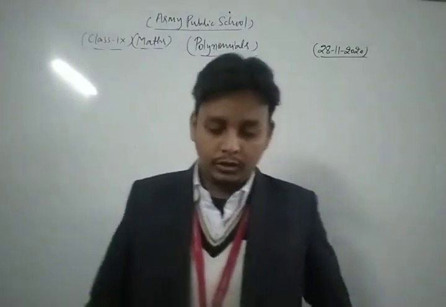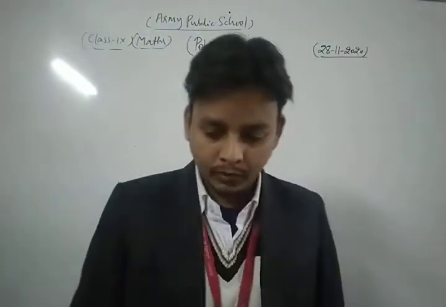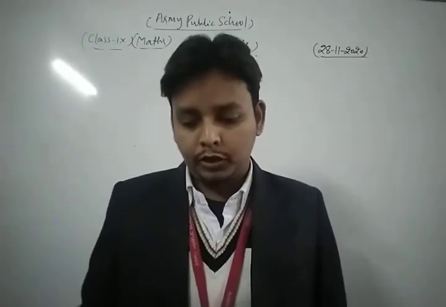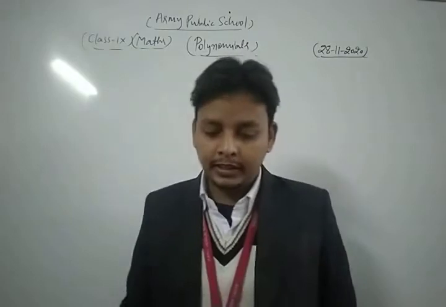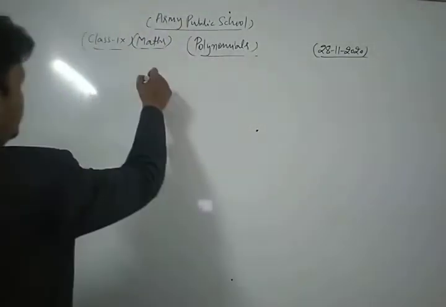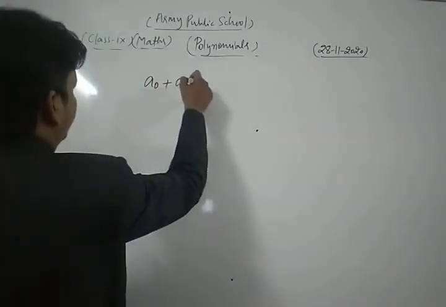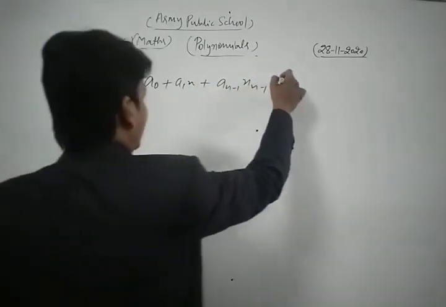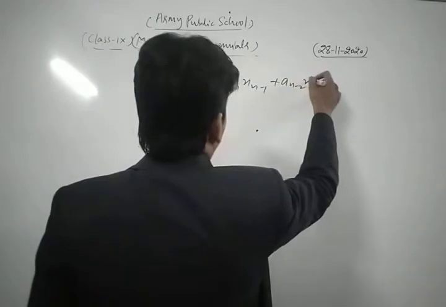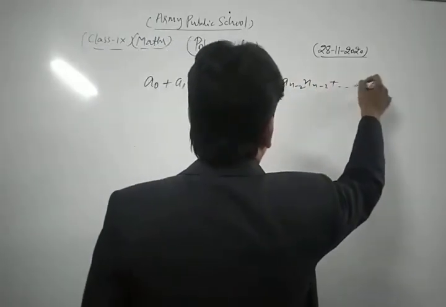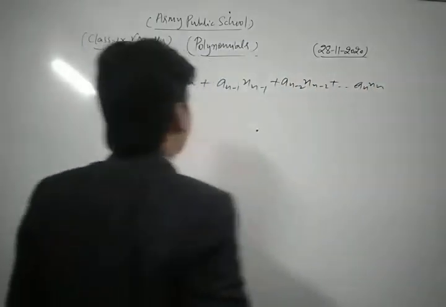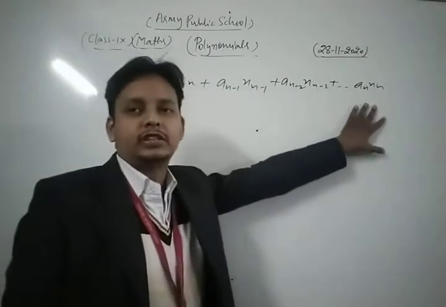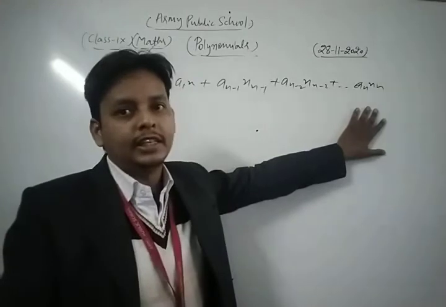So let's see, dear students, first of all we discuss the concept of polynomial. Dear students, you know that an expression of the form a0 plus a1 x plus a2 x squared, and so on, up to an x to the power n, is known as a polynomial of degree n.